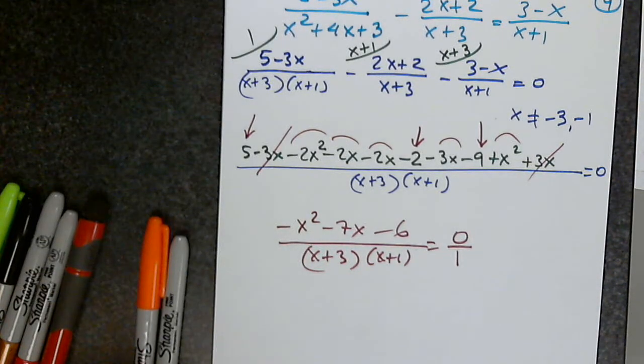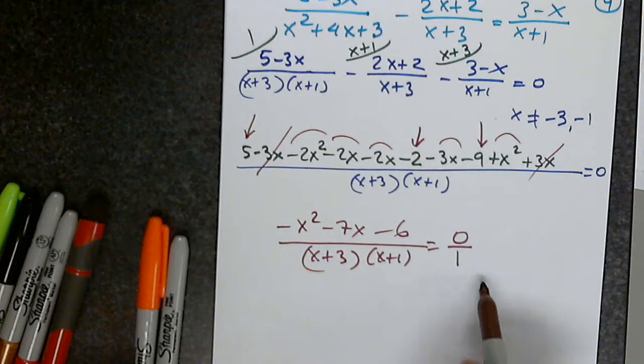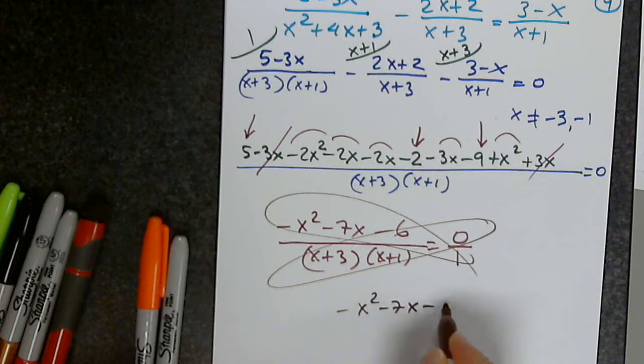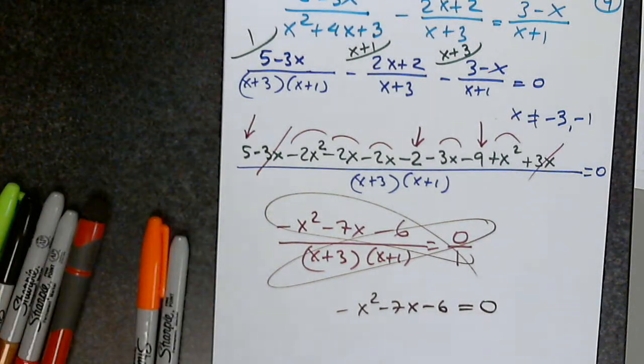After all this effort, I changed it into a proportion, which I like. So negative x squared minus 7x minus 6 equals 0. Quadratic, negative leading coefficient.